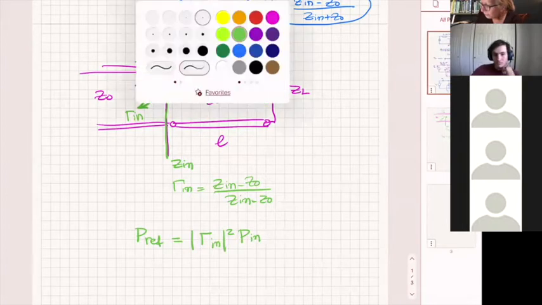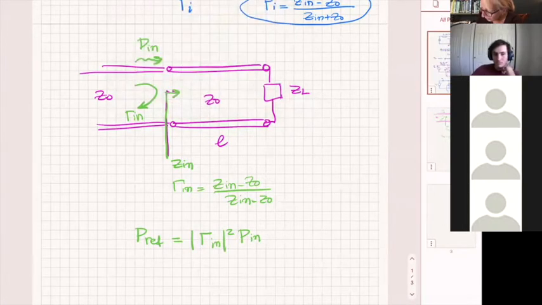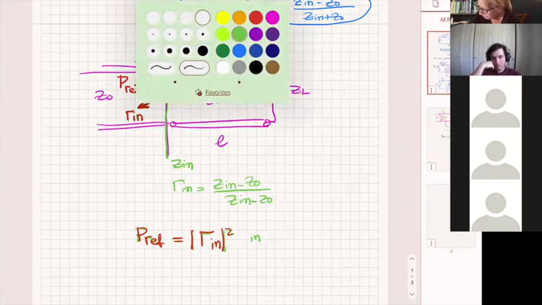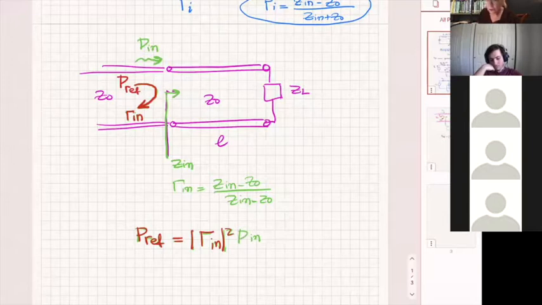The reflected power that goes back depends on the reflection coefficient, and it is here, just in red to differentiate from the incident, which is green. Do you agree with this statement? If you do not remember, please revisit.